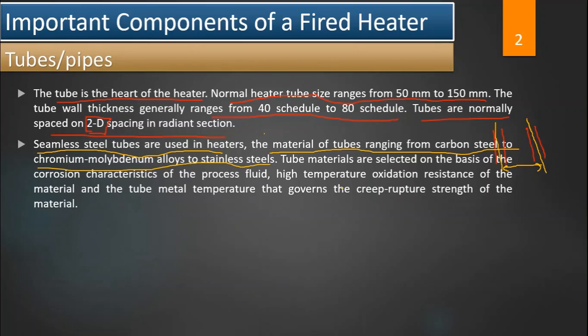Not on the basis of cost, but on the basis of some characteristics. For example, corrosion characteristics of the process fluid, high temperature oxidation resistance of the material, and tube metal temperatures that govern the creep rupture strength of the material. So these are a few basic important points that need to be considered.